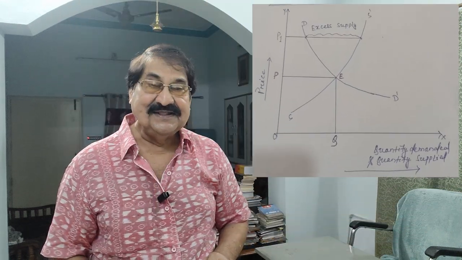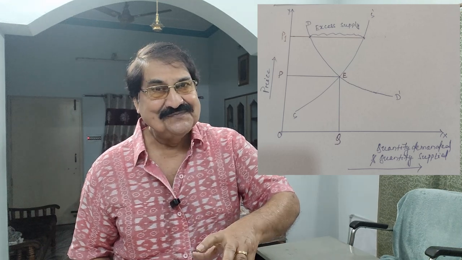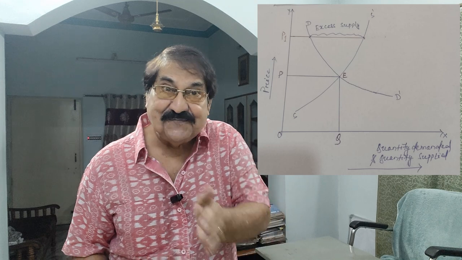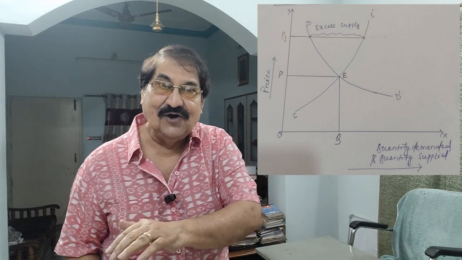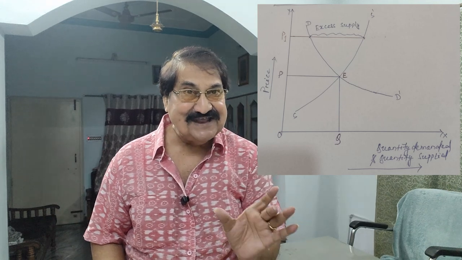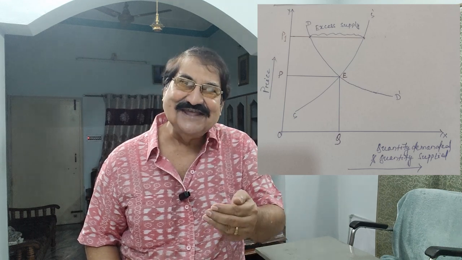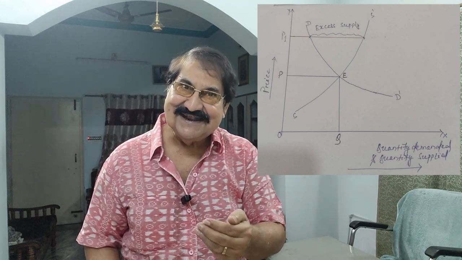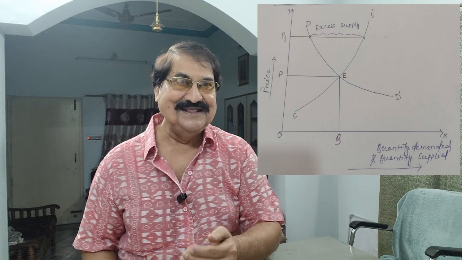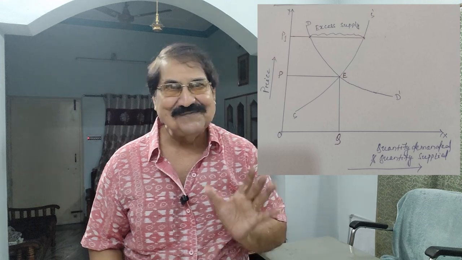Because of this excess supply of the good, there will be competition among the sellers in order to dispose of the unsold stock. This competition among the sellers will lead to a reduction in the price level till it reaches OP, the equilibrium price level, where again demand will be equal to supply.